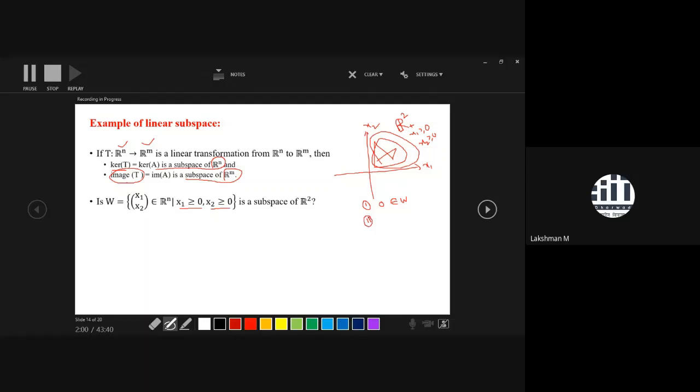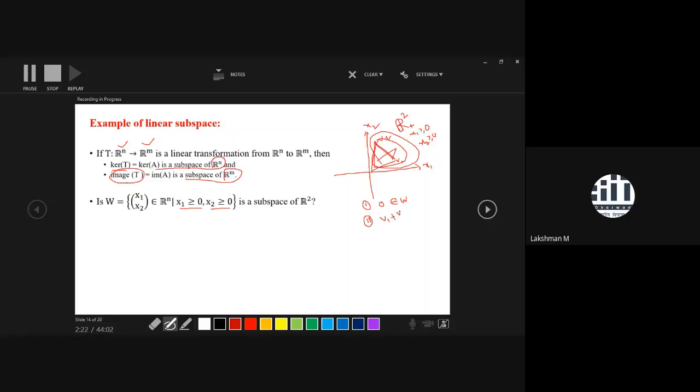If you take any two vectors from here, suppose one vector is V1 and another vector is V2, the sum would be like this. So it is closed with respect to addition. There is no issue.